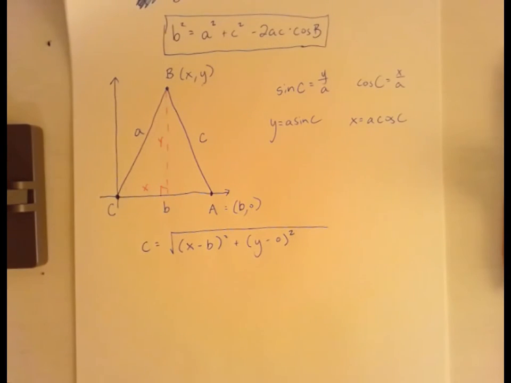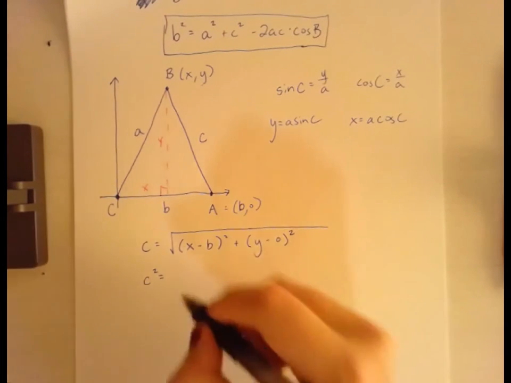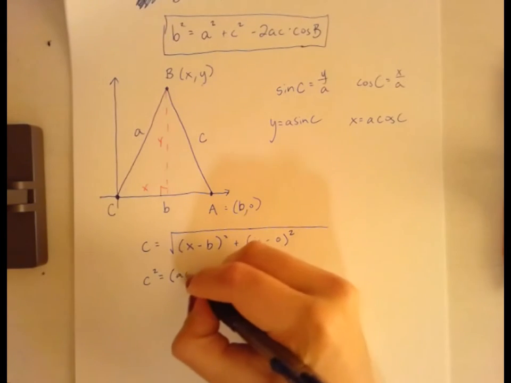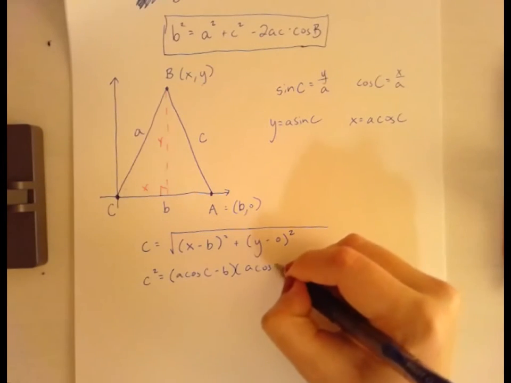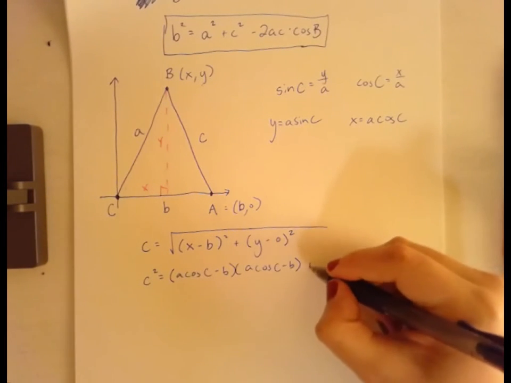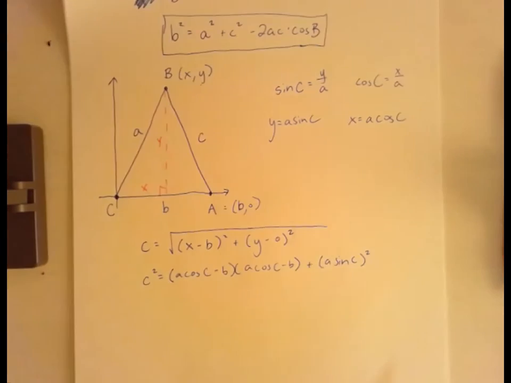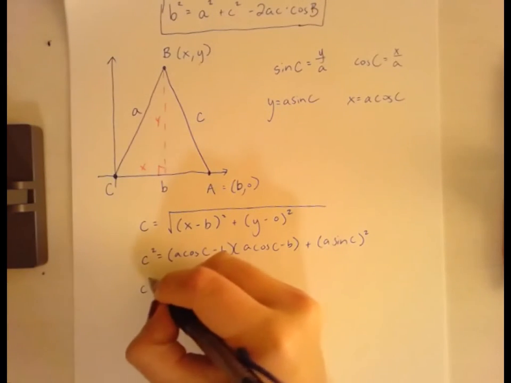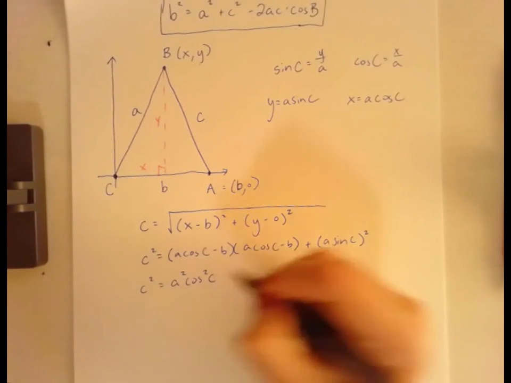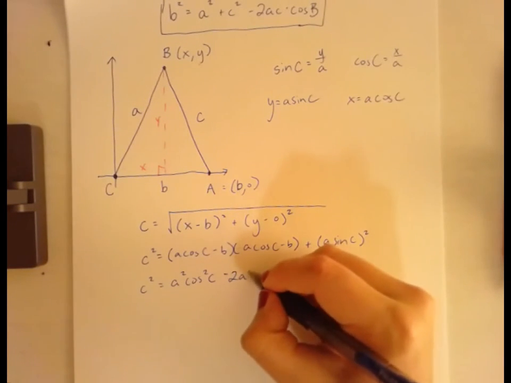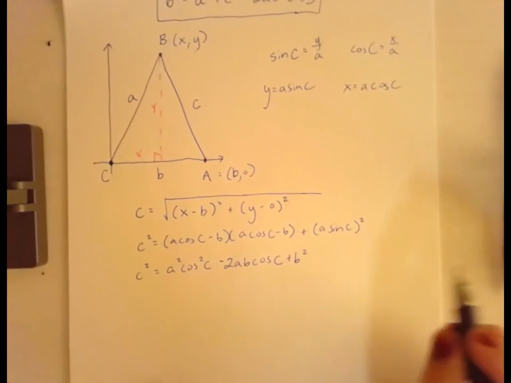And again, I can lift that radical off if I square both sides. I can fill in for my X and for my Y. A cosine C minus B, that's going to be FOILed out. And plus A sine C squared. So C squared, my first term here, A squared cosine squared C minus 2AB cosine C plus B squared.